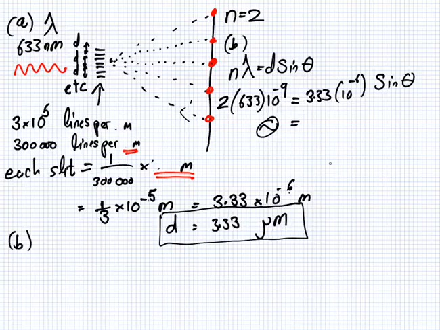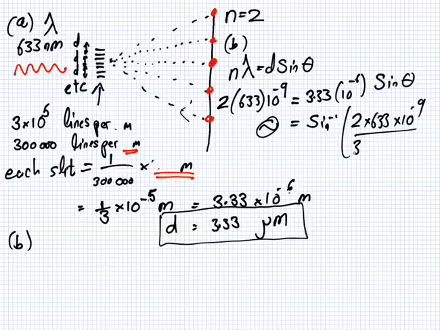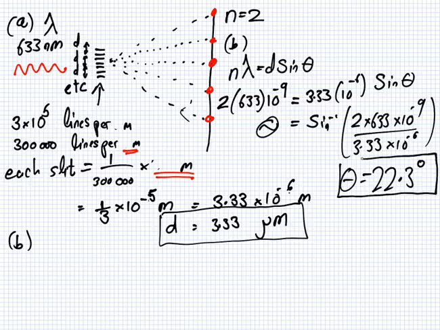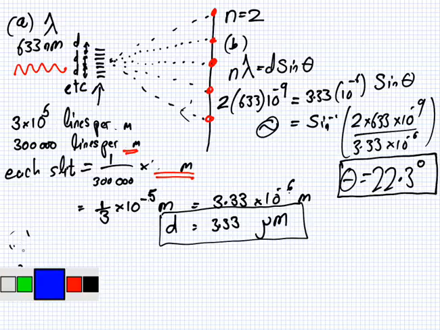Okay, so you know your formula here is n lambda equals d sine theta. So 2 times 633 times 10 to the minus 9 equals 3.33 times 10 to the minus 6 sine theta. So this gives me the theta now.